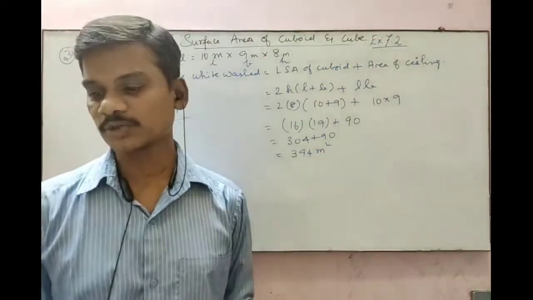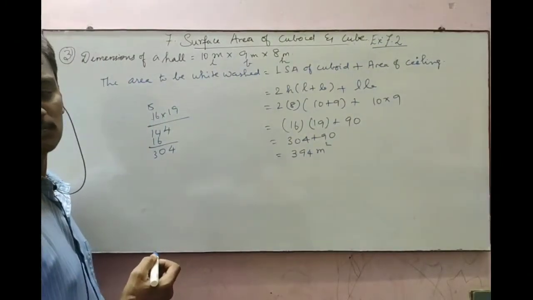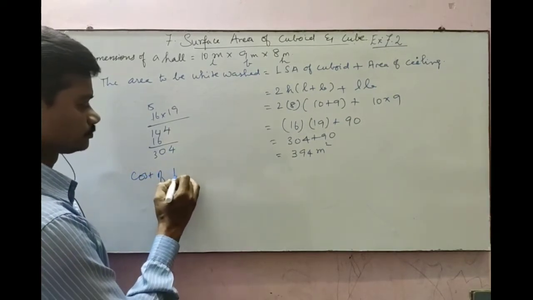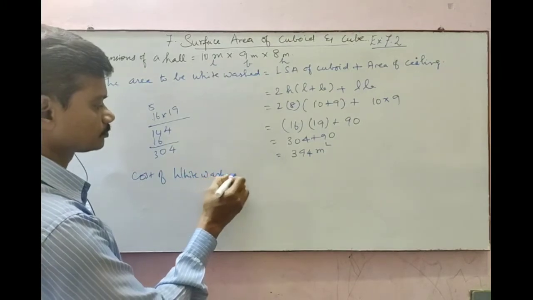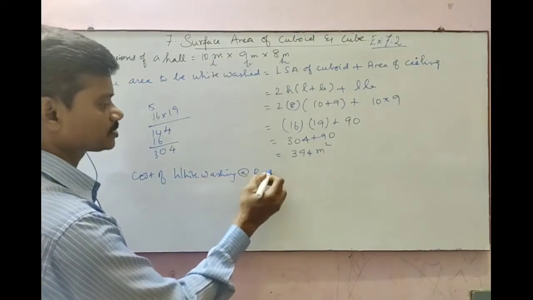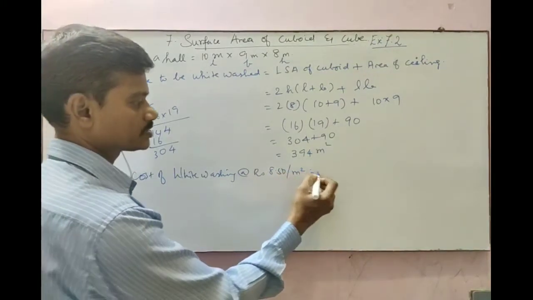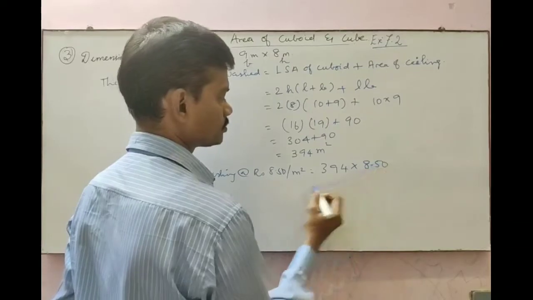The cost of whitewashing at the rate of rupees 8.50 per meter square is equal to 394 into 8.50.